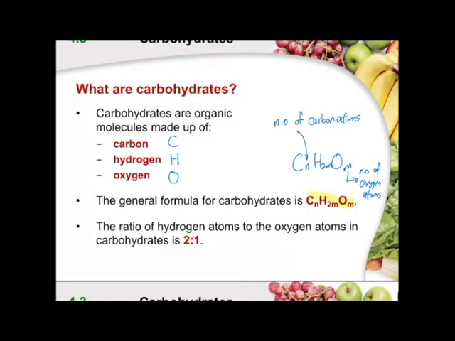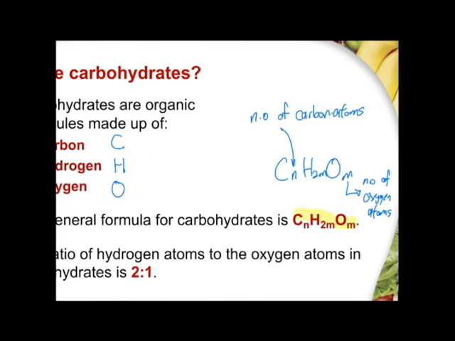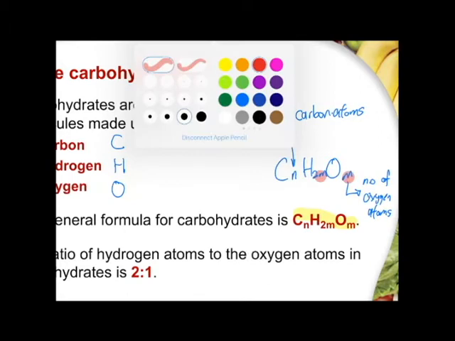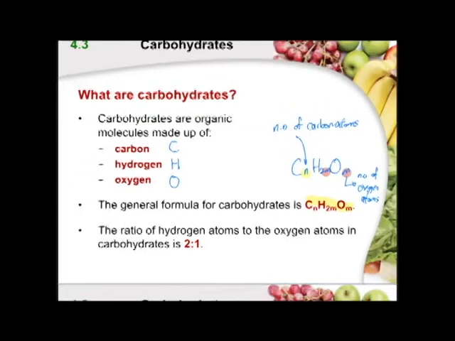In this sense, it's not O2, it's just O. You count the number of O. Then, of course, the number of hydrogen atoms in total is just 2 times the number of oxygen atoms. That's why it's usually m and m for only carbohydrate.